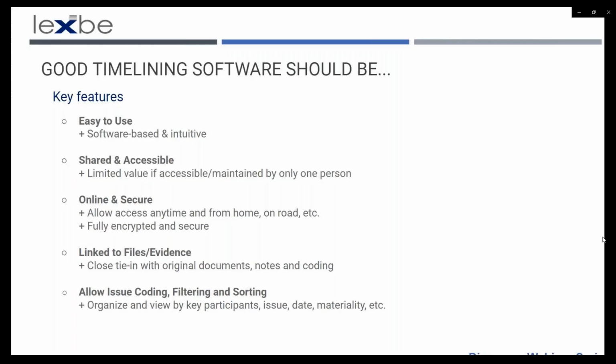You have to be able to link the documents to the timeline as well as filter on metadata, because you need to be able to isolate that bigger, broader, entire case timeline down to whatever your immediate need is. Is it for an evidentiary hearing? Is it for a witness deposition that's coming up? It may even be for specific issue analysis.